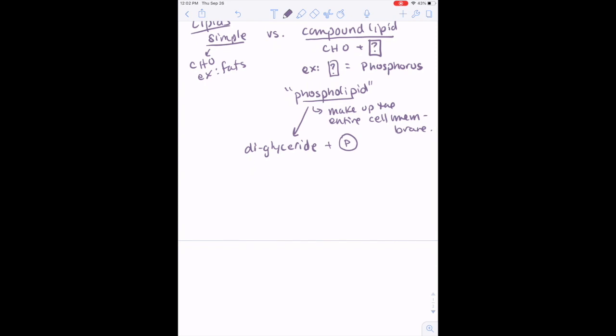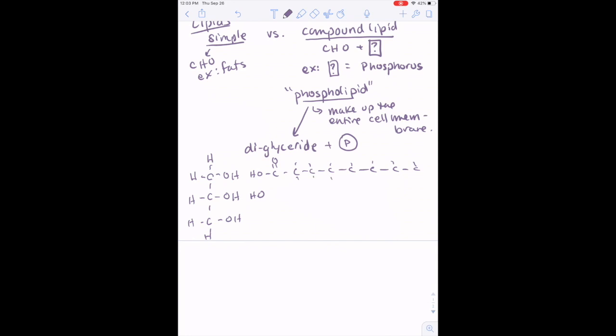Okay, our diglyceride is going to look like this. We're going to have a glycerol molecule, which is just 3 carbons with an alcohol group hanging off of each carbon. And then attaching a fatty acid here and a fatty acid here. The acid part of those fatty acids is going to look like this, a long carbon hydrogen chain.